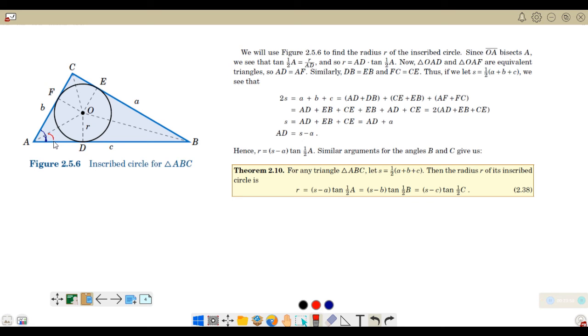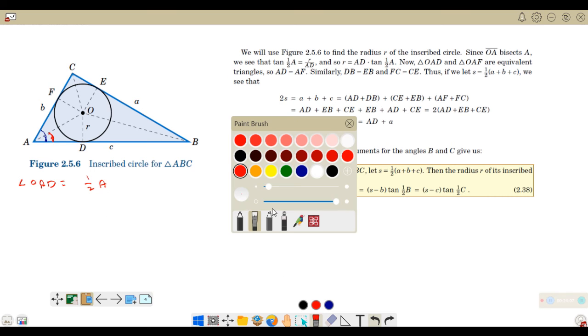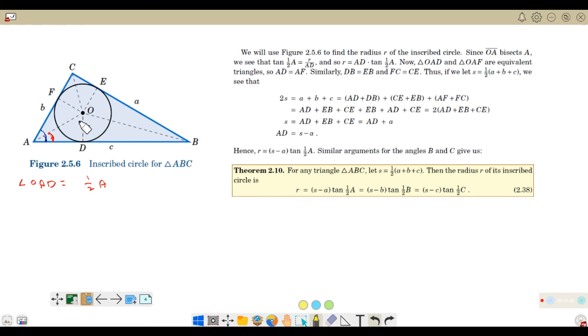Therefore, this portion here, itong angle OAD, is equal to 1/2 A. Right? So, this is OAD. To make it clearer, ito lang yung focus natin na triangle.